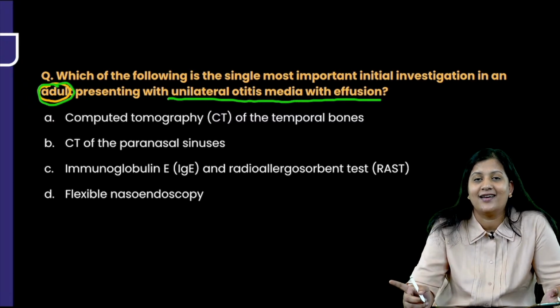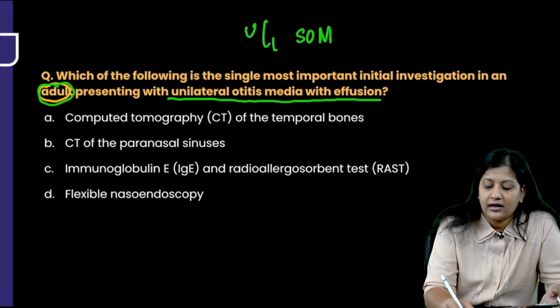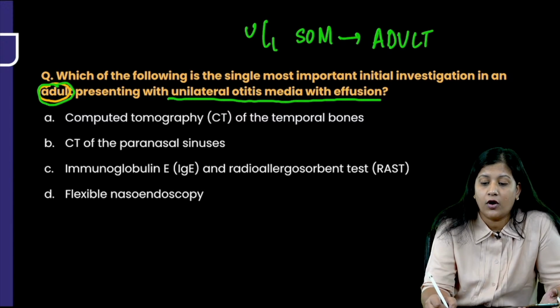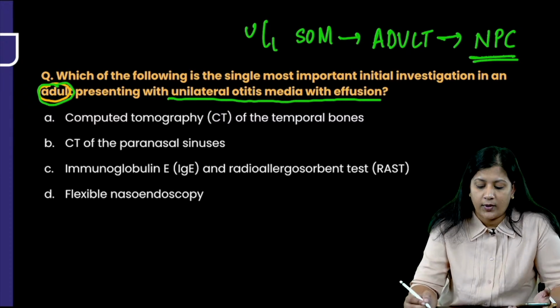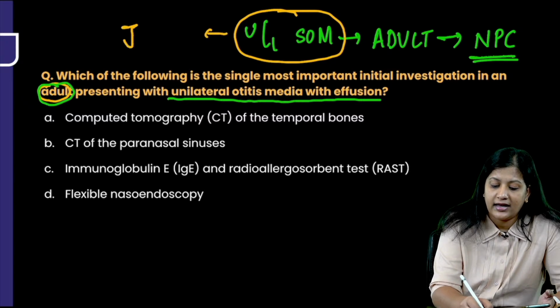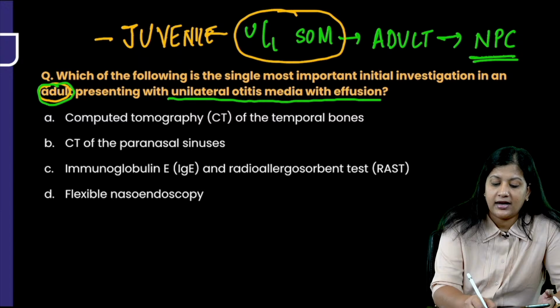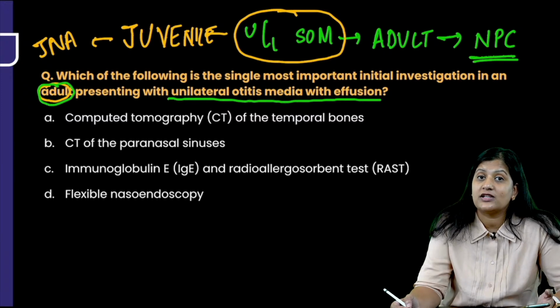Whenever there is a unilateral SOM in an adult, the most common cause happens to be nasopharyngeal carcinoma. But if the same question is asked for unilateral SOM in a juvenile age group, then your answer will change to juvenile nasopharyngeal angiofibroma. Here the question is asking about adults, so your answer is nasopharyngeal carcinoma.